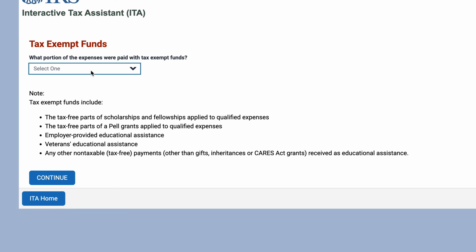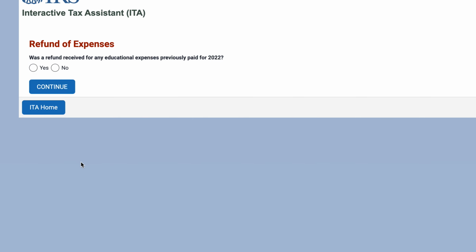Which portion was paid with tax-exempt funds? This could be Pell Grants, or the GI Bill, either the Montgomery or the Post-9/11 GI Bill, tax-free scholarships, tax-free payments, or employer-provided assistance. Let's just say none of this was paid with tax-exempt funds.